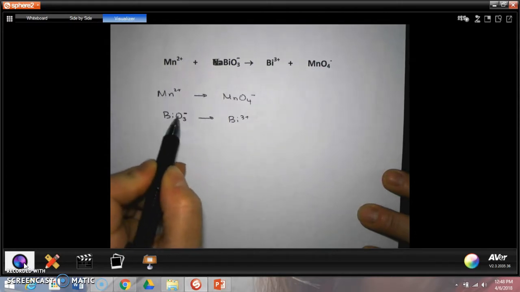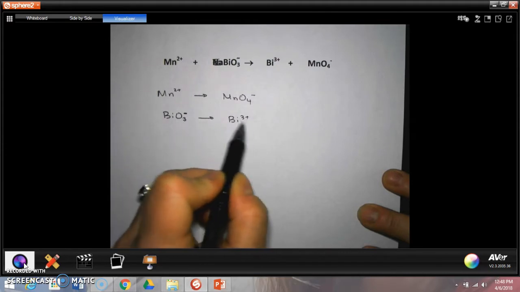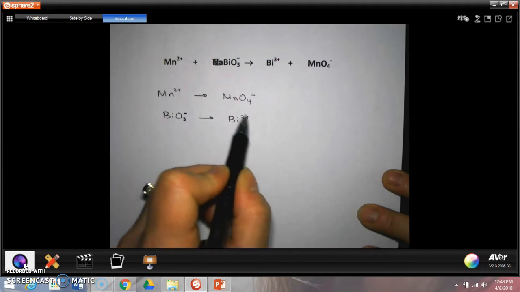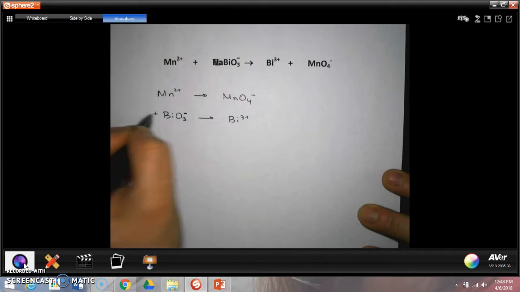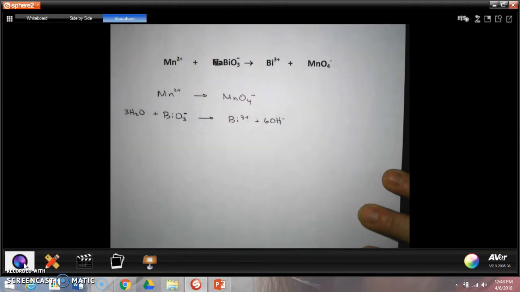I have 3 oxygens on the left, and none on the right. So I'm going to add 3 waters to the excess side, and then on the opposite side, I'm going to add 6 OH minuses. So that balances my half reaction out.